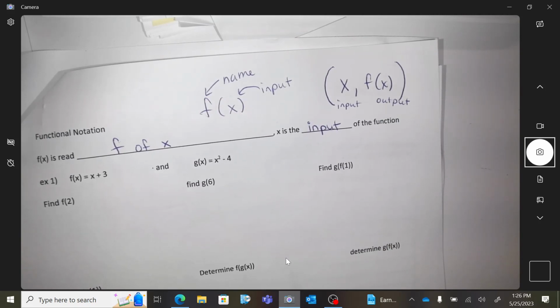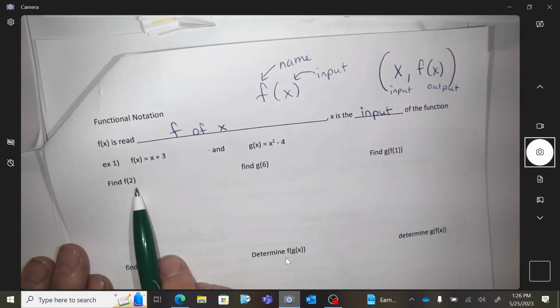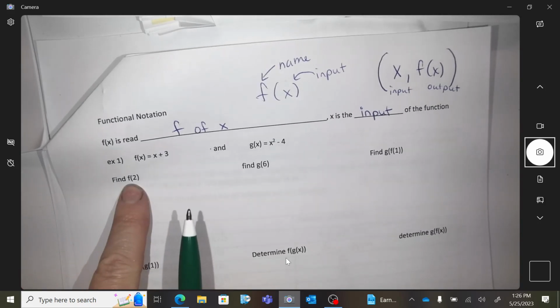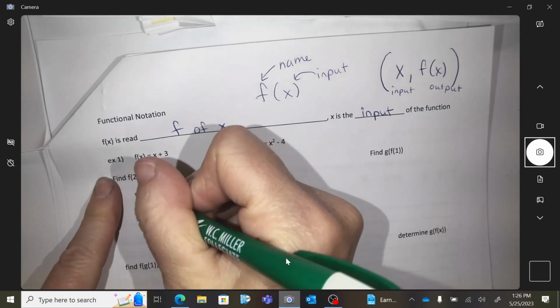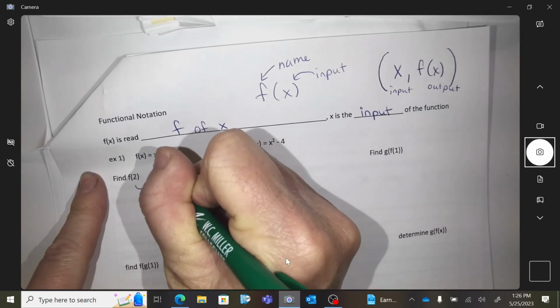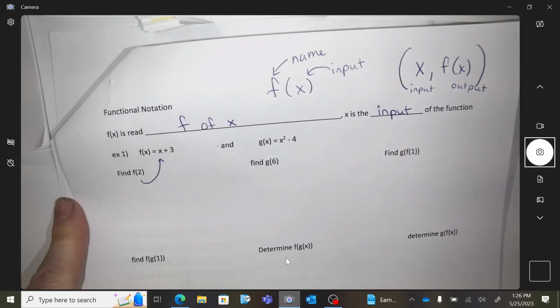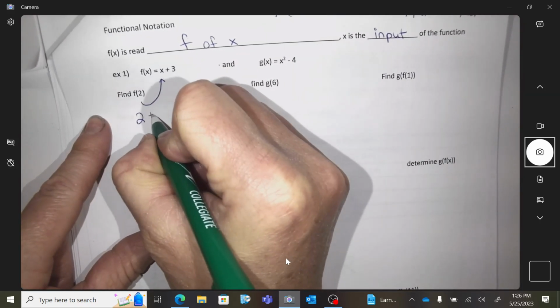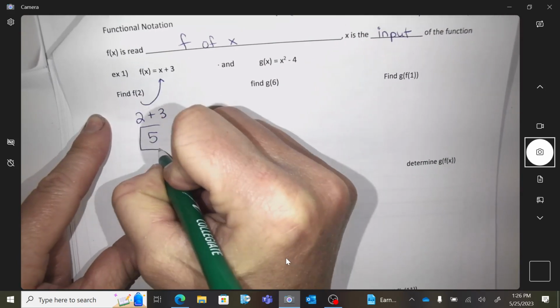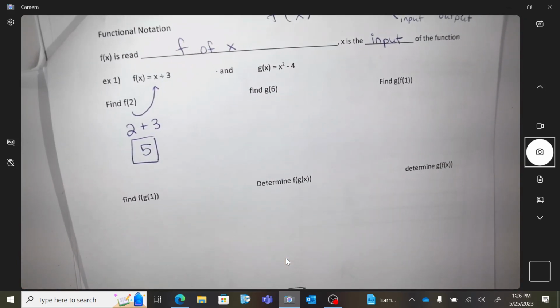Okay, here we go. F of 2. So this tells me to input 2 into the f function. Put a 2 into that function. So what do you get? 2 plus 3. So if I input a 2, I get a 5 out.